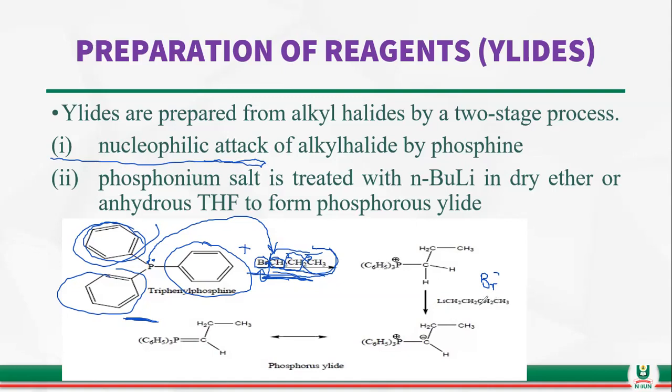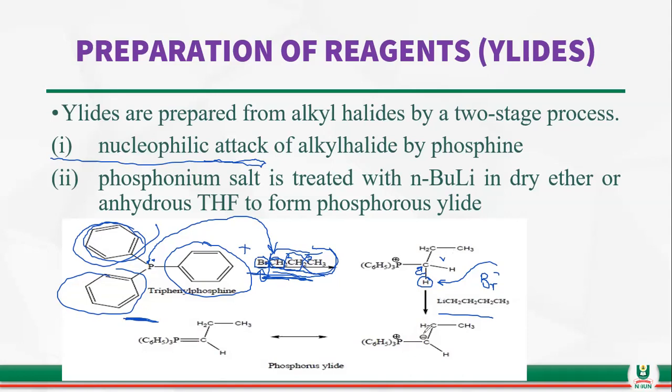N-butyl lithium, of course, at that stage, allows the abstraction of the acidic proton here. Therefore, the bond between that proton and the adjacent carbon will go onto that adjacent carbon as a negative charge. So at that time, n-butyl lithium has allowed you to get a full Wittig reagent, a full halide of phosphorus, from this pseudo one.